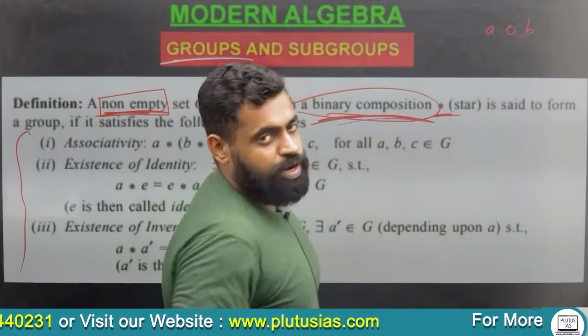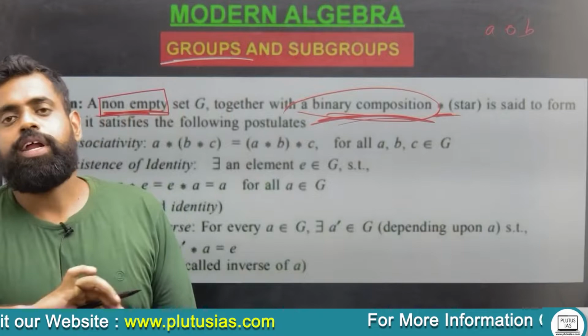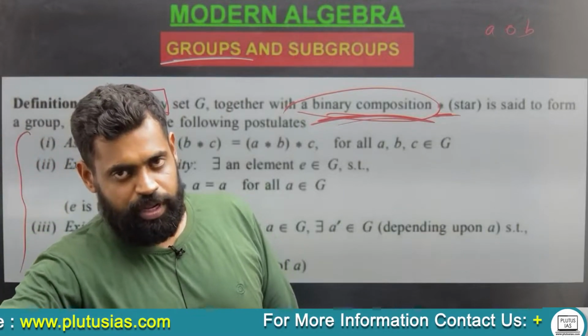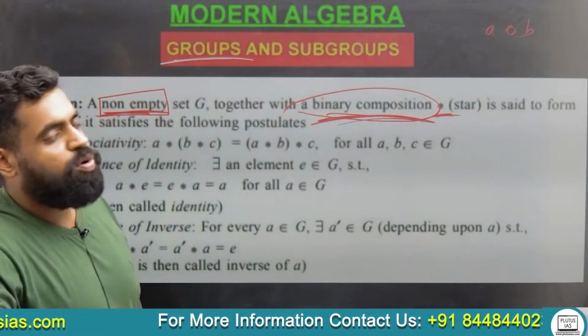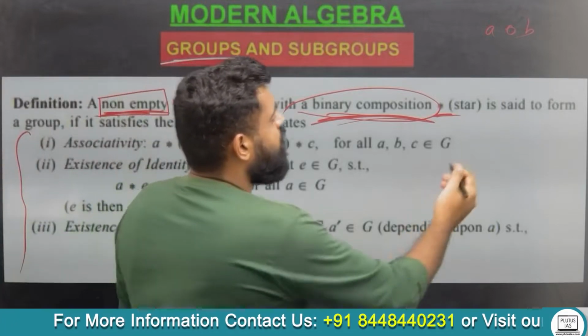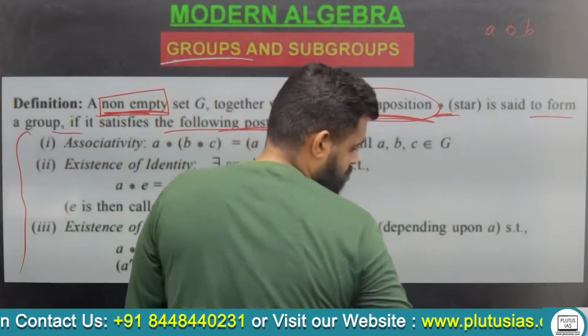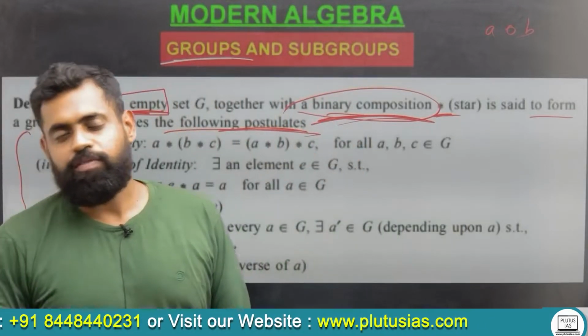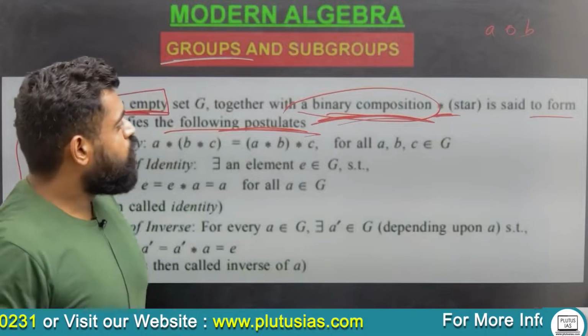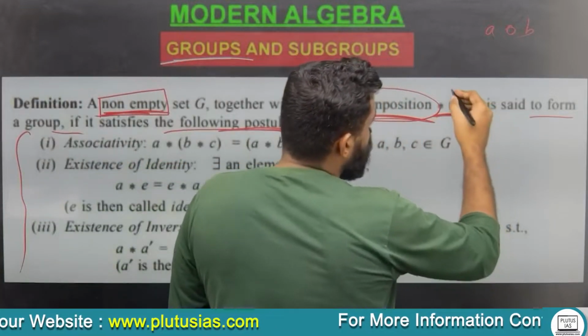I told you what a binary composition is. Binary composition is nothing but the closure property. In some books we also write it as the closure property. It is said to form a group if it satisfies the following postulates, the following conditions. So what can we do here?